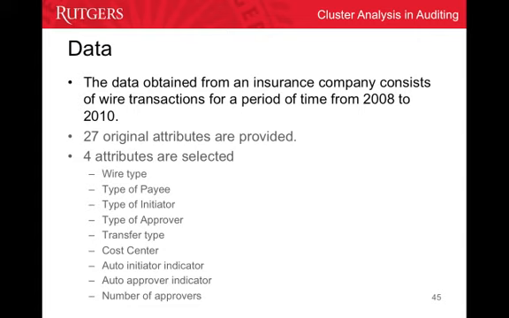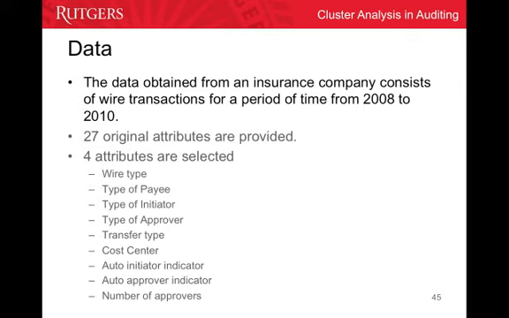And the second attribute is the type of payee, the individual who receives wire transfers. Payees are categorized by the number of payments that he or she received throughout the period. And the third attribute is the type of initiator, the individual who initiates wire transfers.